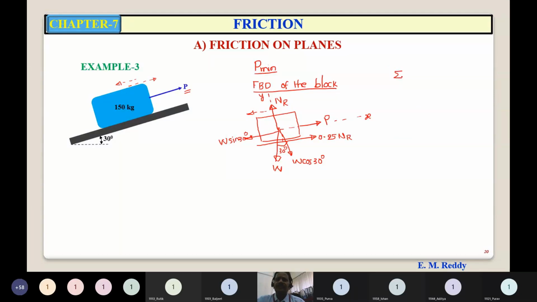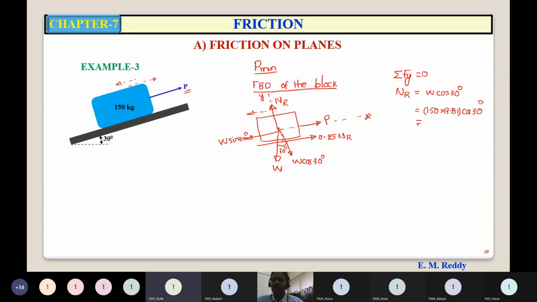Writing summation Fy is equal to 0, NR is equal to W cos 30. But what is W? 150 into 9.81 cos 30. That is the normal reaction.